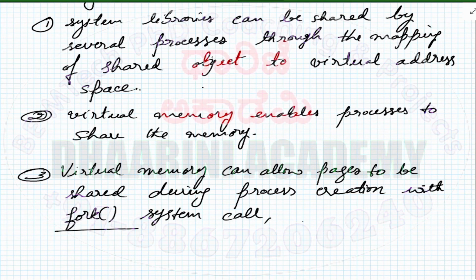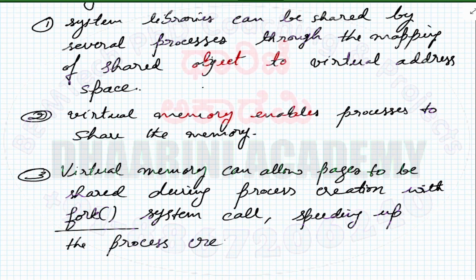Okay, comma, we can write speeding up the process creation. So the process creation can be made faster using this.